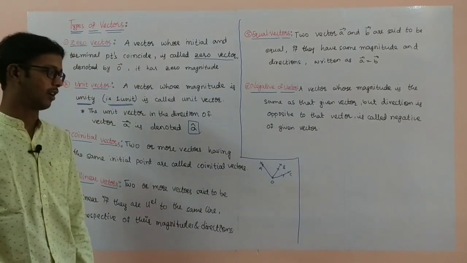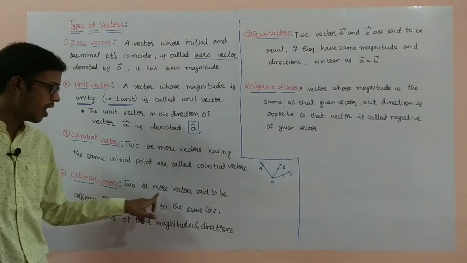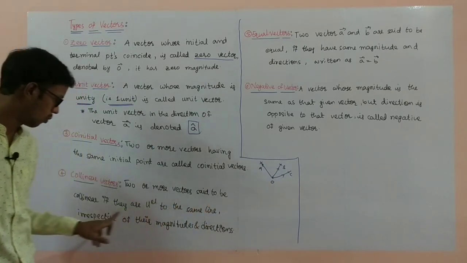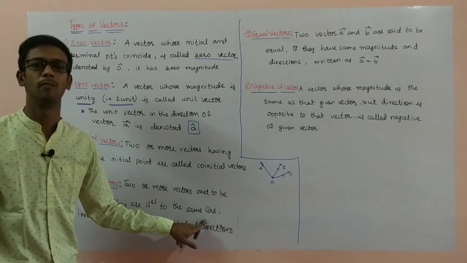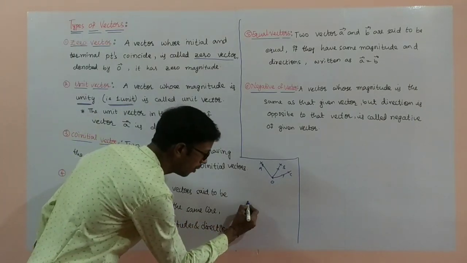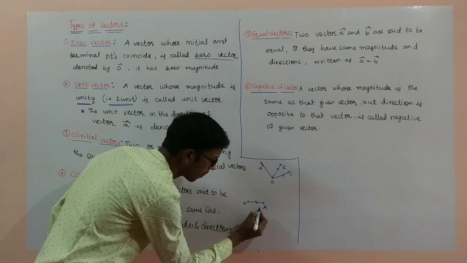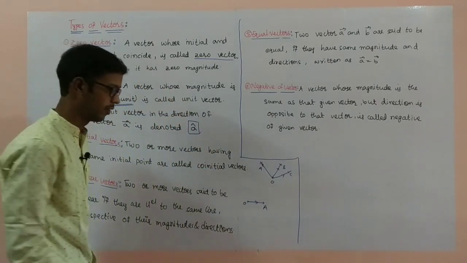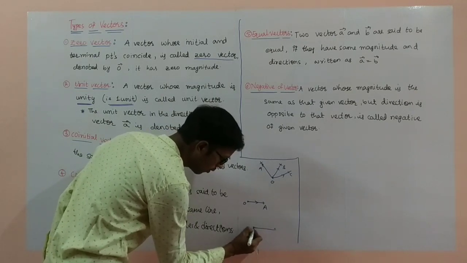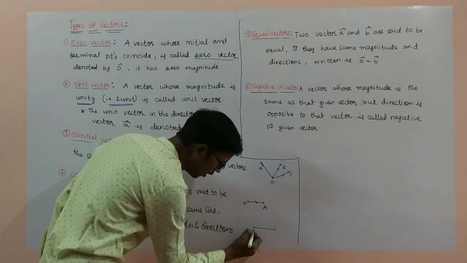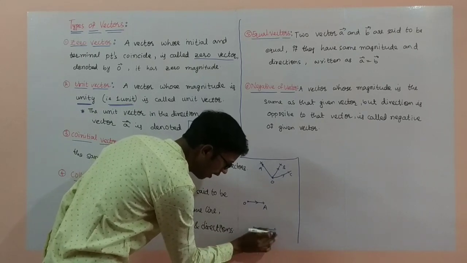Next, collinear vectors. Two or more vectors are said to be collinear if they are parallel to the same line. One example I am taking: OA bar is one vector. AB bar, BC bar is another vector.